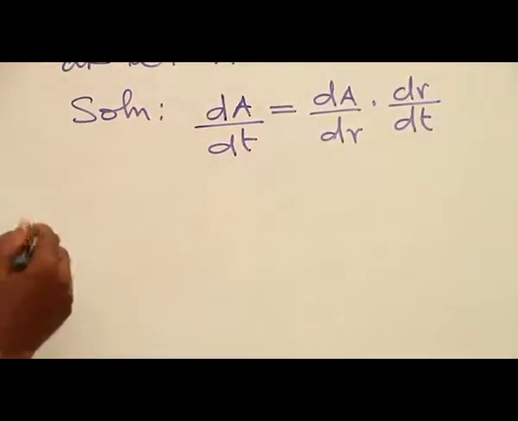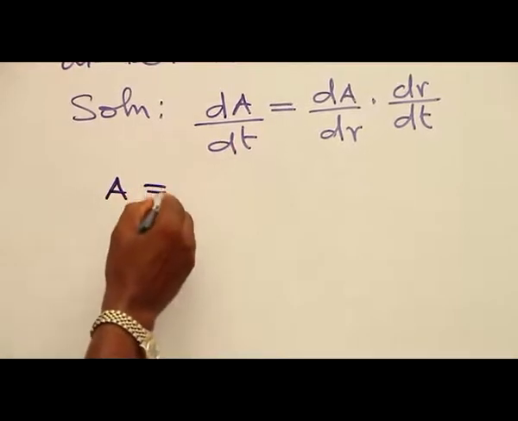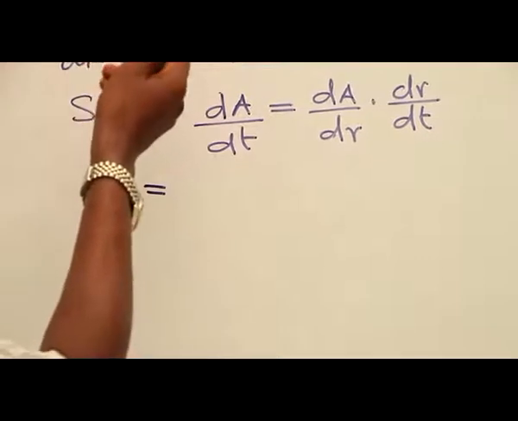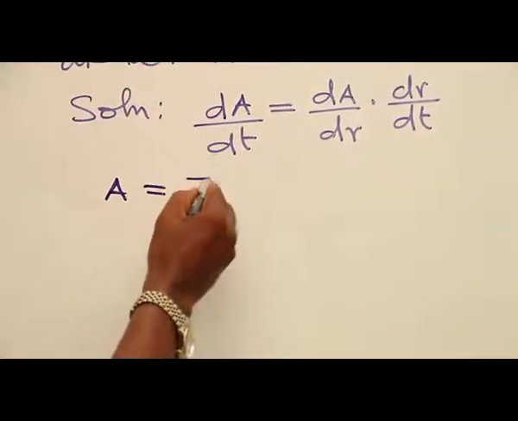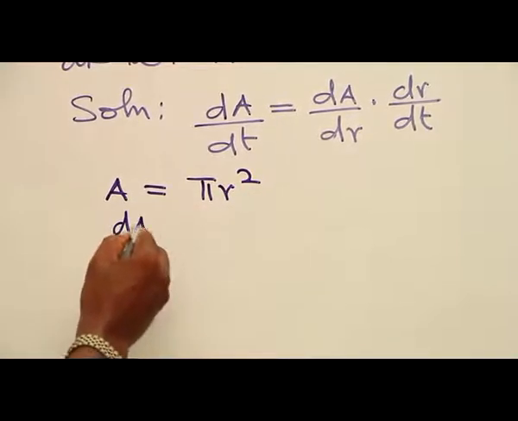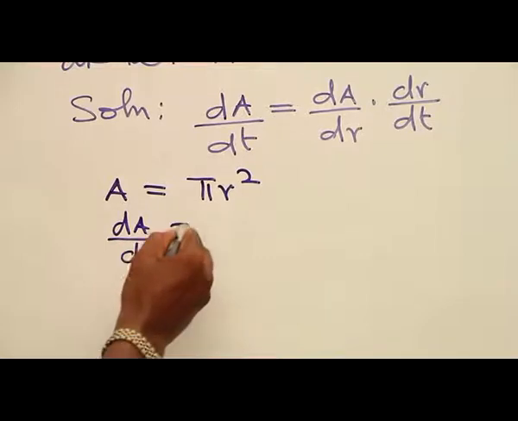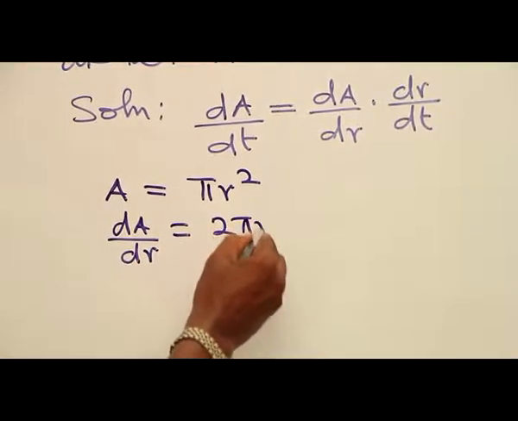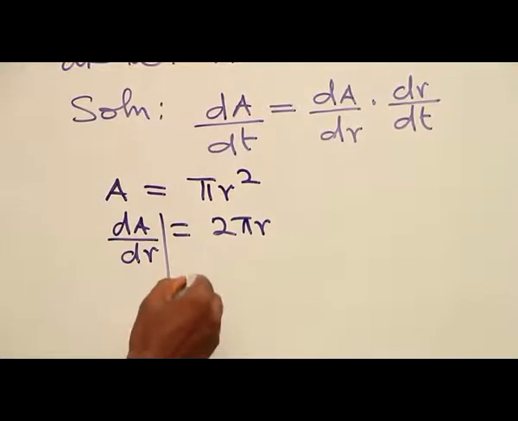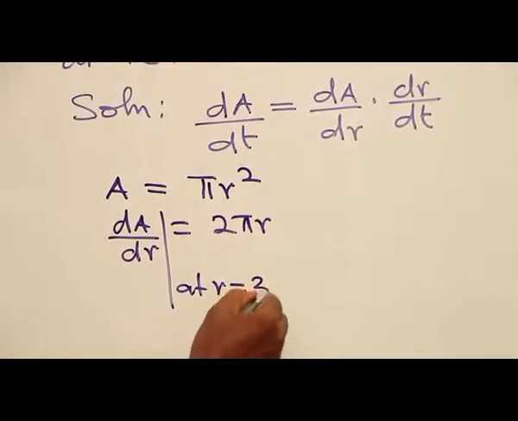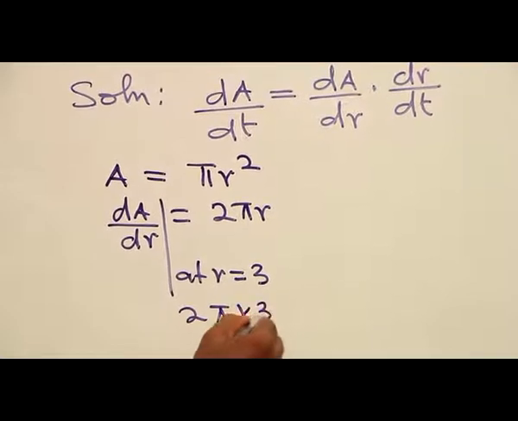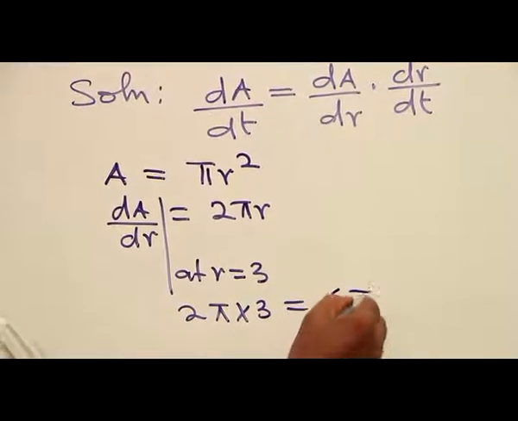Continuing, as far as this question is concerned, we're talking about the radius r of a circle. So the area of a circle is pi r squared, and so we can have our dA over dr here, and that is equal to 2 pi r. Then of course we will evaluate this at r equal to 3, so we have 2 pi times 3, and that will give us 6 pi.